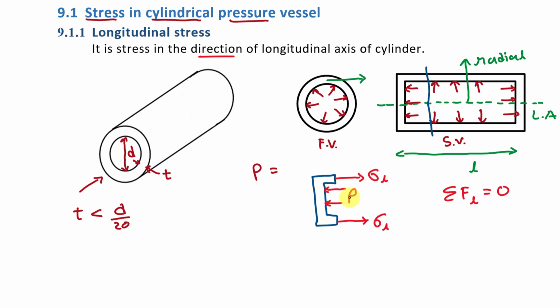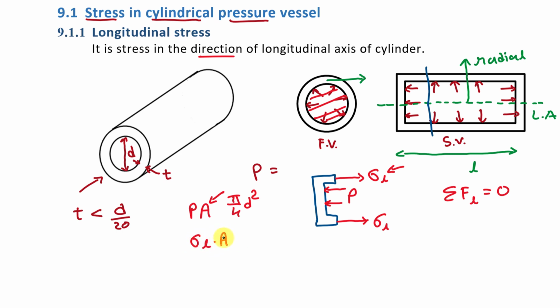Now what will be the value of force by this pressure? It will be P into A. And this is the area on which this pressure is acting, means it is this circular area. Fine. So this area is pi by 4 d square. And what will be the value of force by this longitudinal stress? It will be sigma L into area.